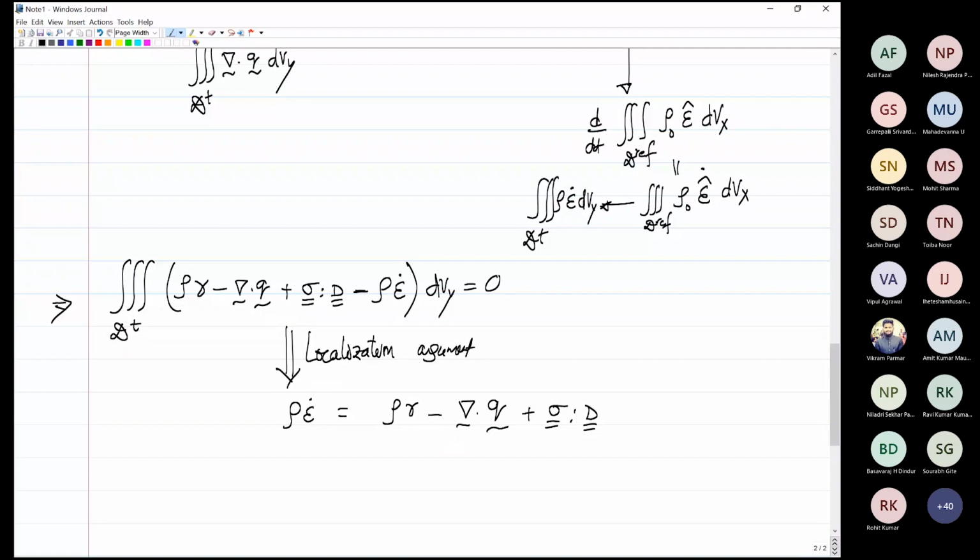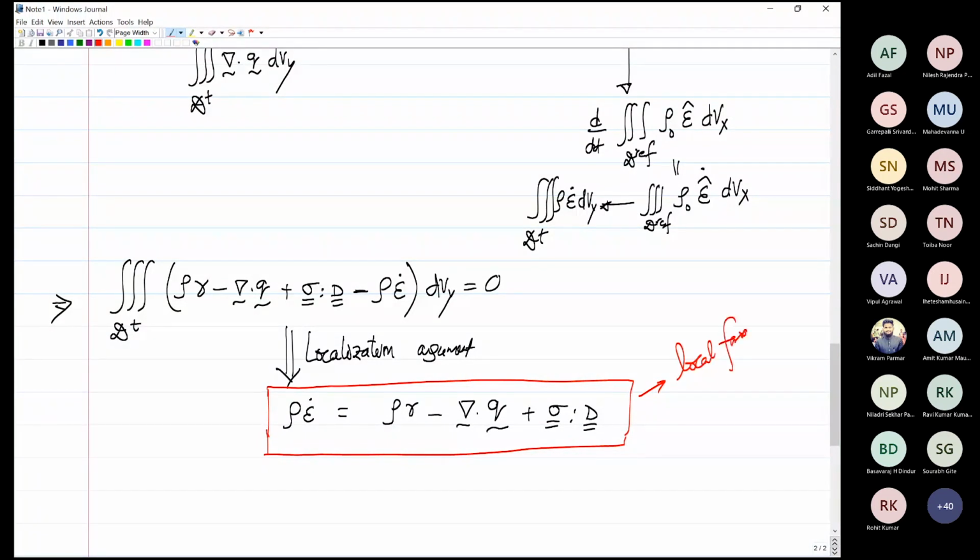I'll put it in the red box. This is also kind of the local form of conservation of energy. By the way, this is the Eulerian form.